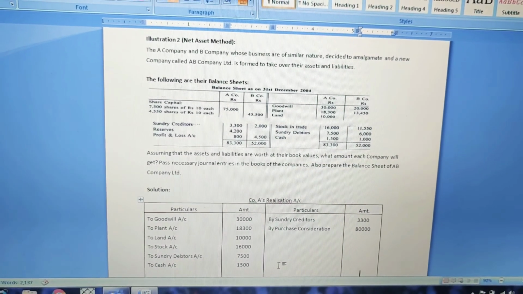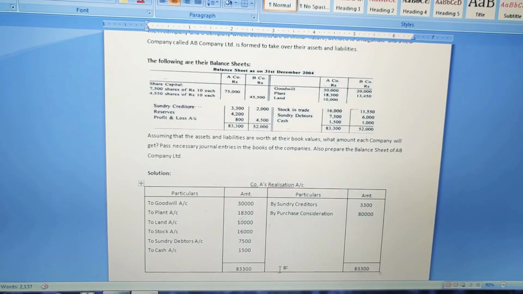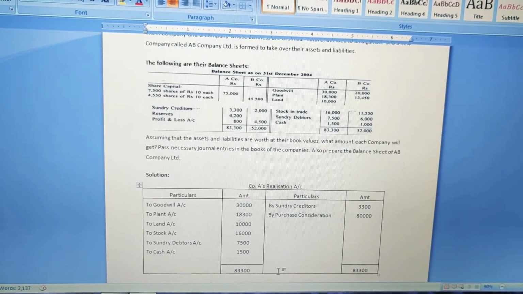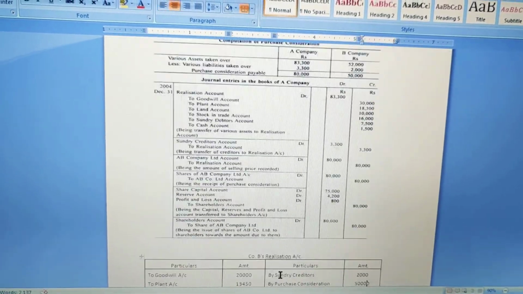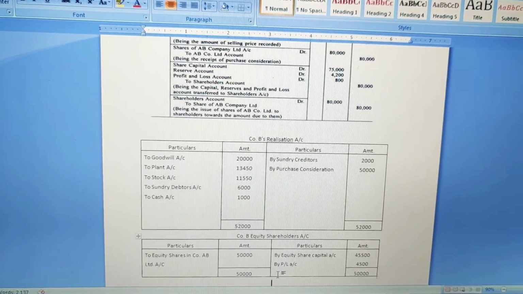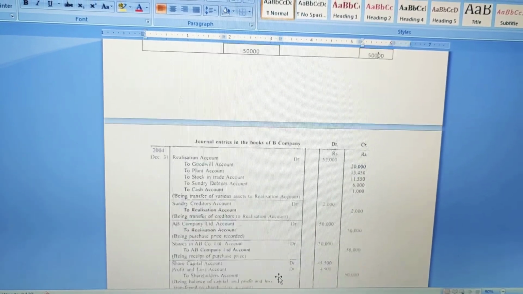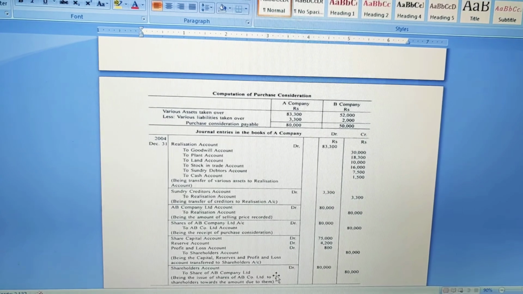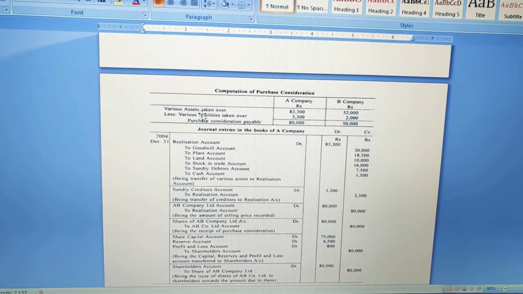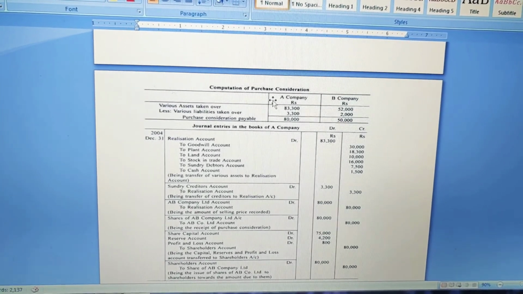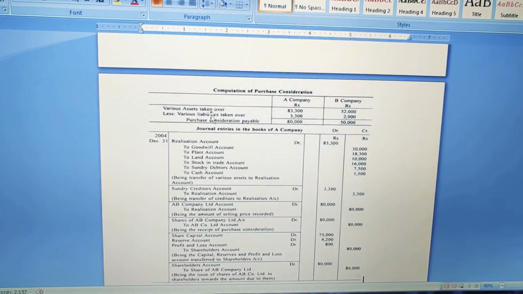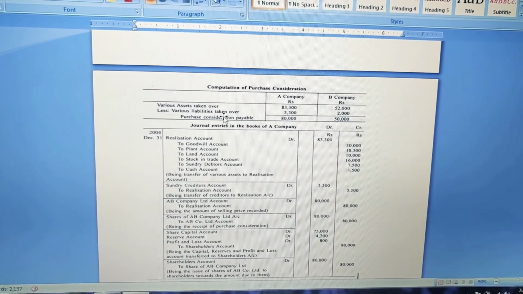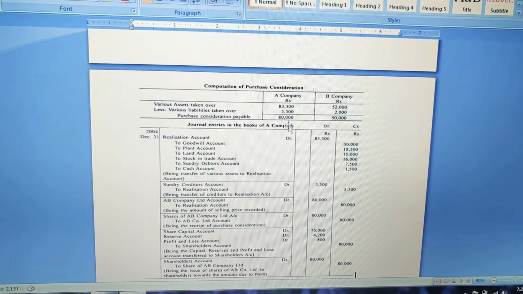Okay, so let's do it. See, first of all you will calculate your purchase consideration. For calculating your purchase consideration, what you have to do: various assets taken over 83,300 minus various liabilities taken over 3,300 is equal to your purchase consideration payable 80,000.